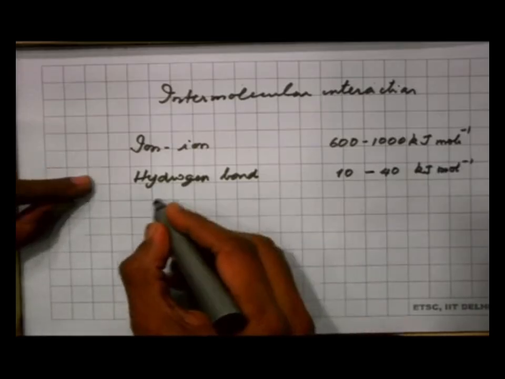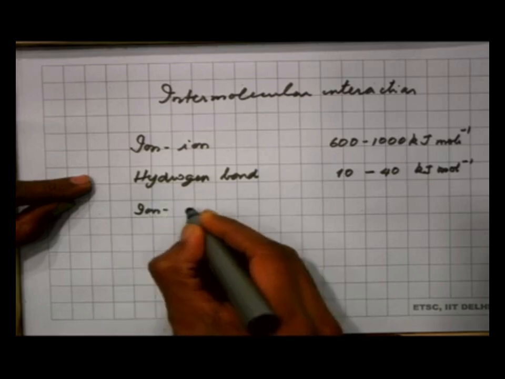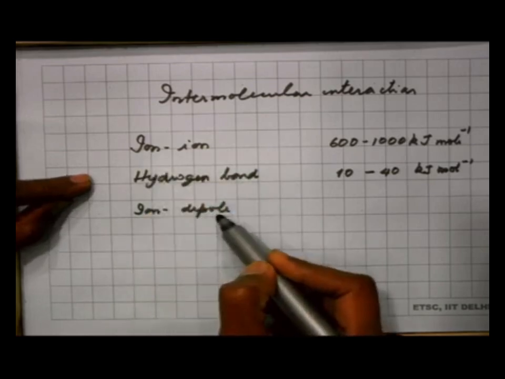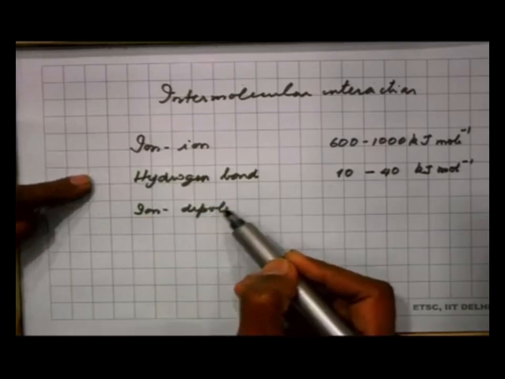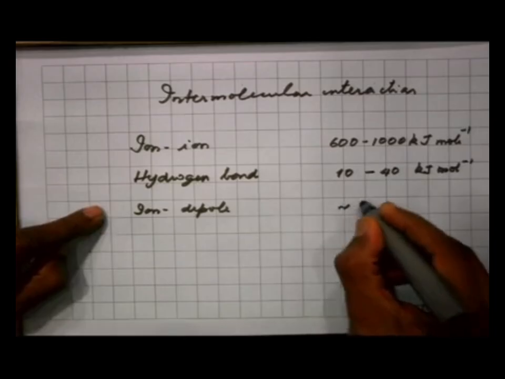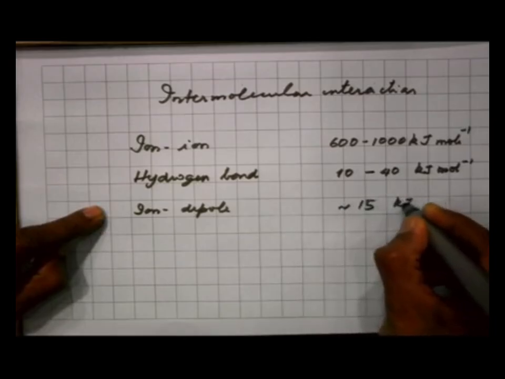Once we have this, the next one is ion dipole. So, an ion here interacting with a dipole, and this ion dipole is of the order of 15 kilojoules per mole.